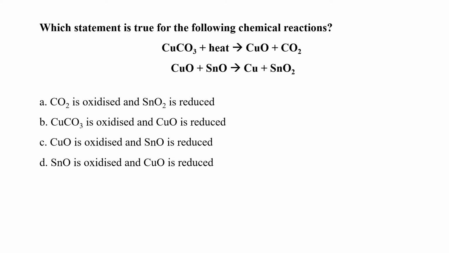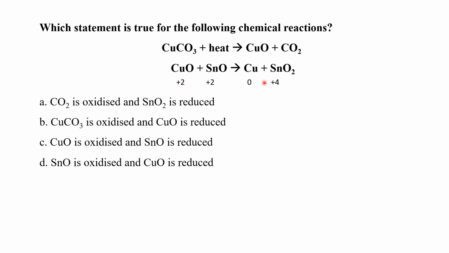Now, we can understand this question by writing the oxidation states for the molecules in the second reaction. These are as follows. In the second reaction, the oxidation state of Cu decreases from +2 to 0. So as you can see, this is decreasing from +2 to 0.